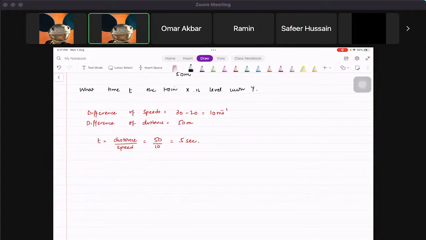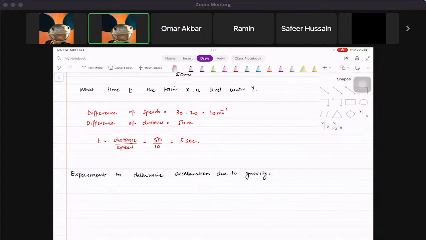So now today we are going to do an experiment to determine acceleration due to gravity.